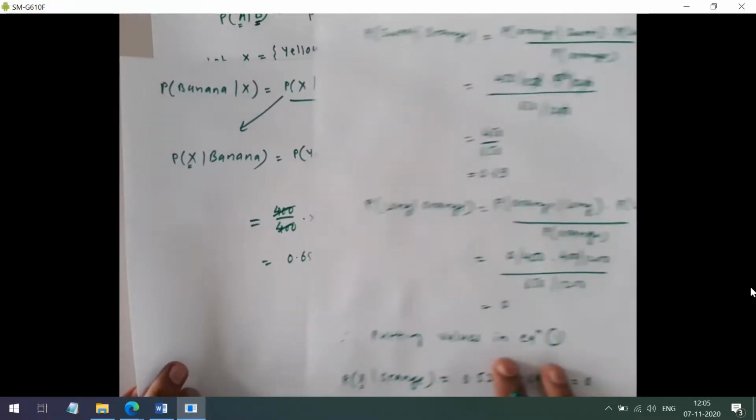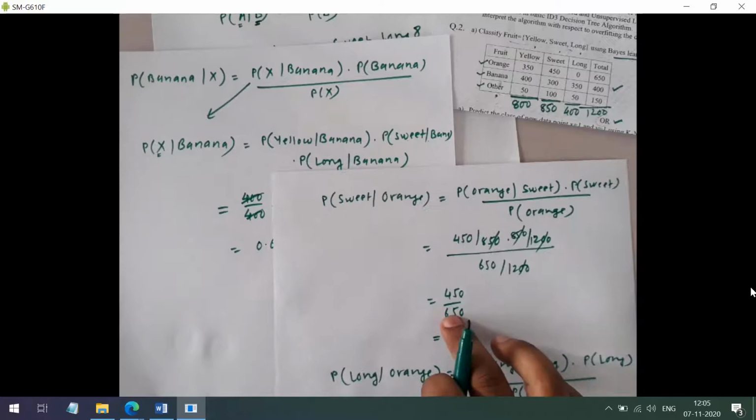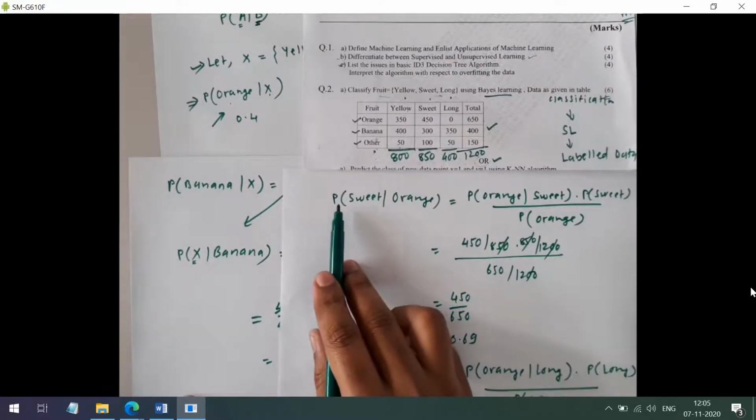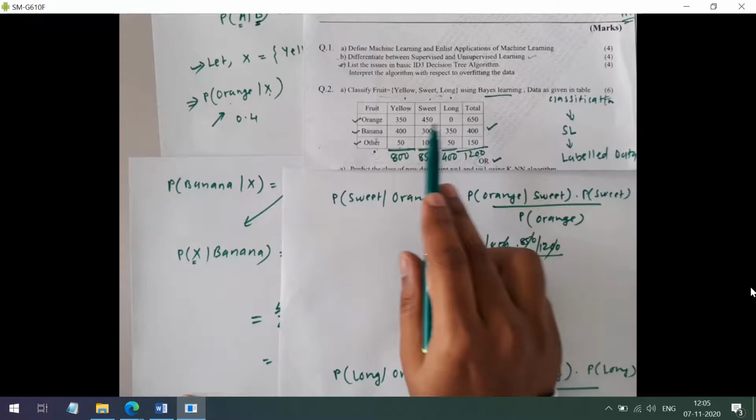Now let us calculate this value using this shortcut technique. Here we are finding P of sweet given orange. How many oranges are there? 650. And out of that, how many are sweet? 450. So it is 450 divided by 650, right? So directly we can write this value, instead of using the Bayes classifier equation.